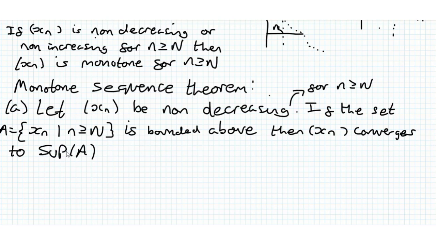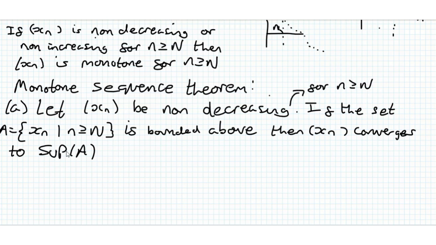And if you've covered some sets, you'll know what the supremum is. The supremum of a set is the maximum element, or the maximum element in a closed set, but supremum really is the least upper bound, so it's the smallest number that is an upper bound for the set.